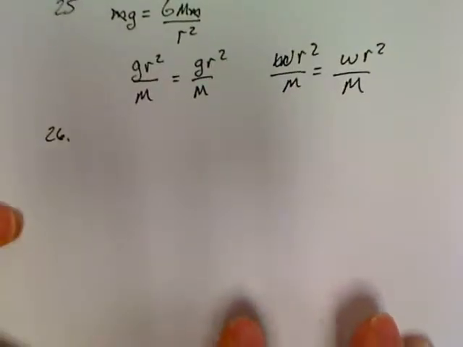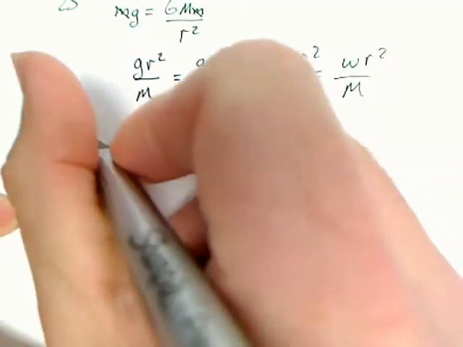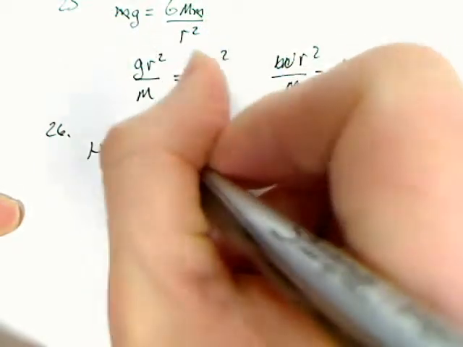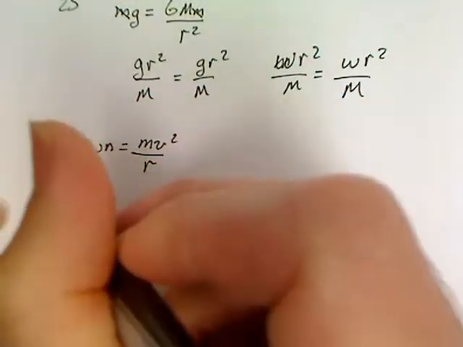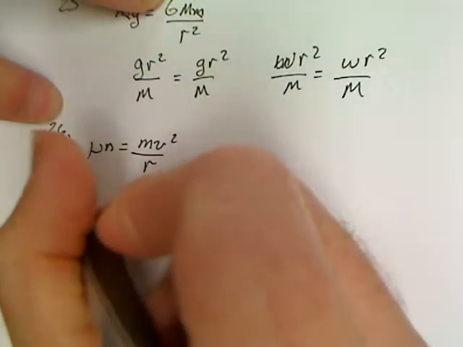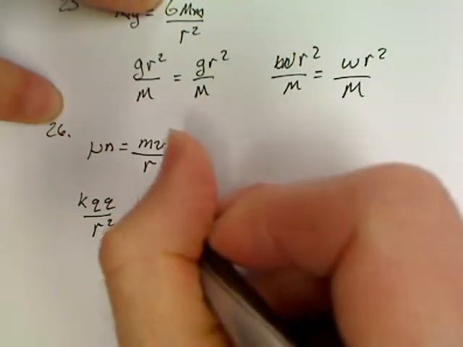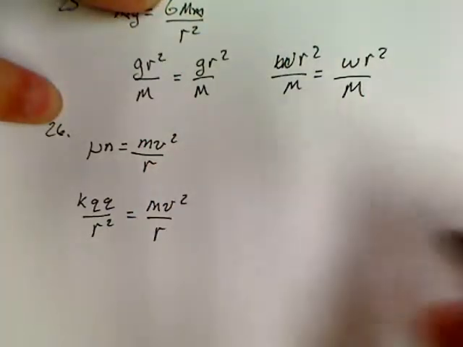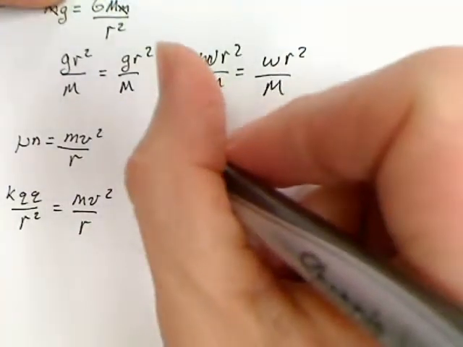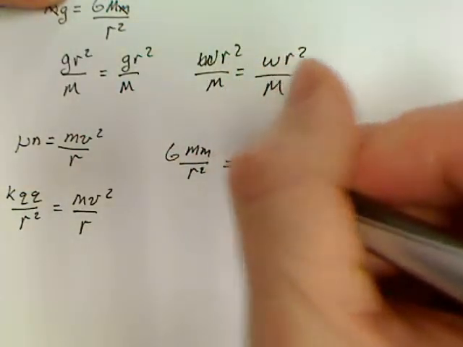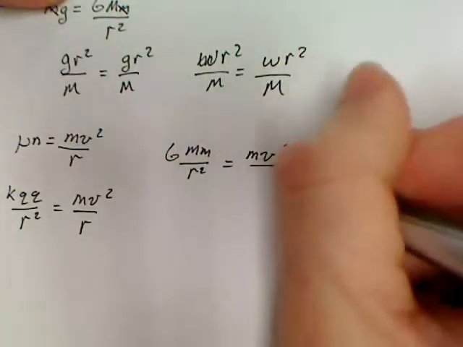26. 5 things that equal mv squared over r. Mu n can be equal to mv squared over r. KQq over r squared can equal mv squared over r. Big G M m over r squared can equal mv squared over r.